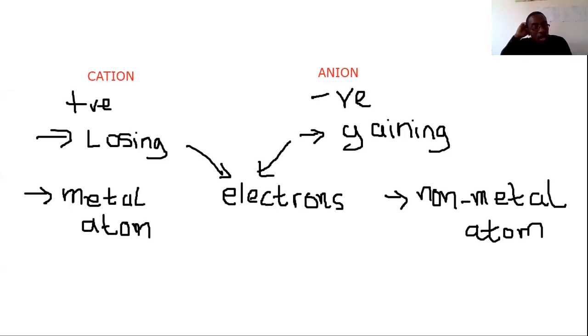So when you go back to the slide, they're talking about the cation. What is a cation? It's a positively charged ion. This is formed when a metal loses electrons. Metals lose electrons according to their valency. We have what we call the valency number, and we'll soon talk about it. Metals lose electrons according to the group they belong to on the periodic table.